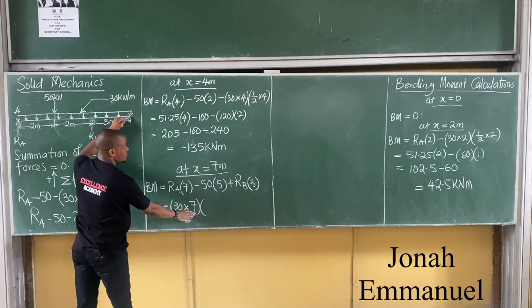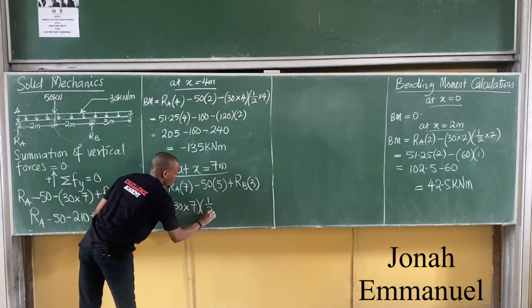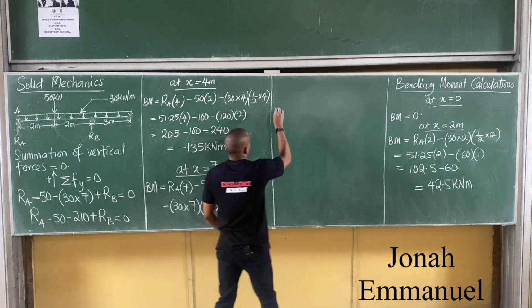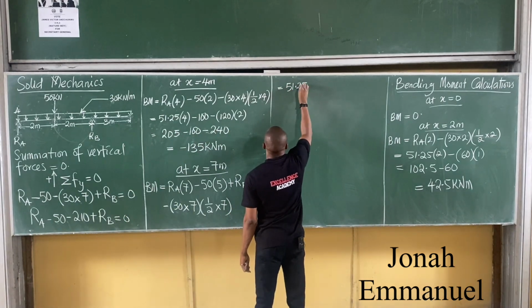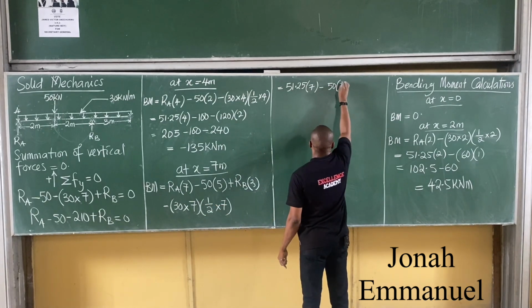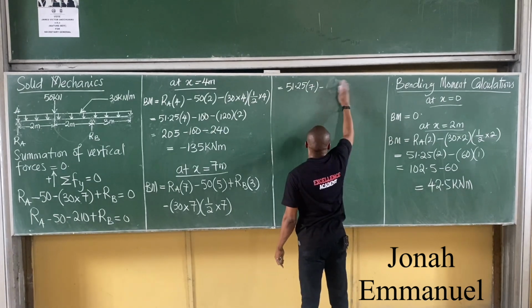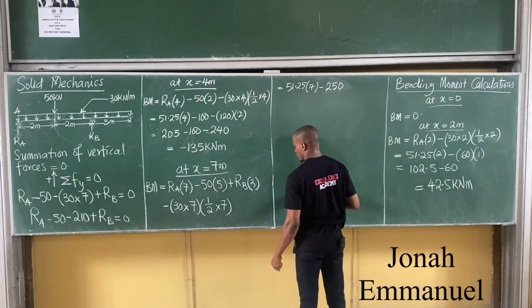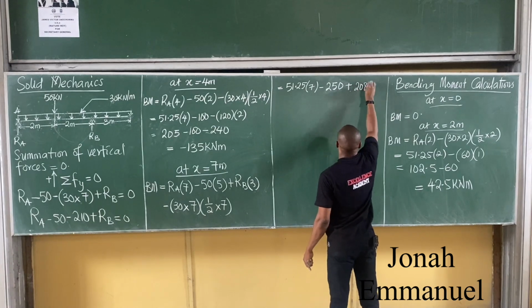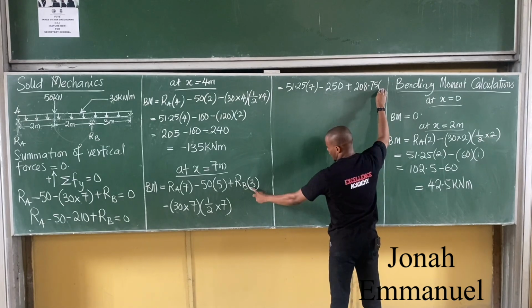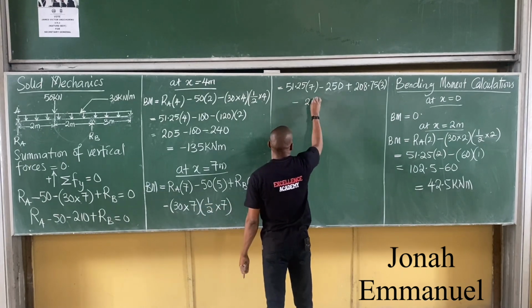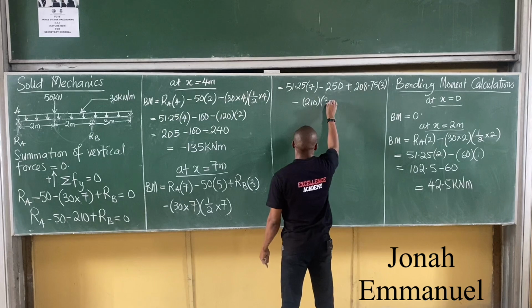For distance, it acts at half of the total length considered, that's 3.5. In value, this is RA 51.25 times 7 minus 50 times 5, which should be about 250, plus RB 208.75 times 3, minus 30 times 7, which is 210, into half of 7, which is 3.5.